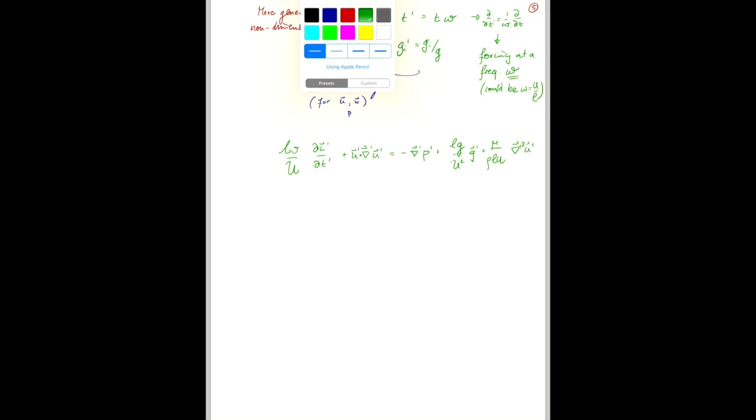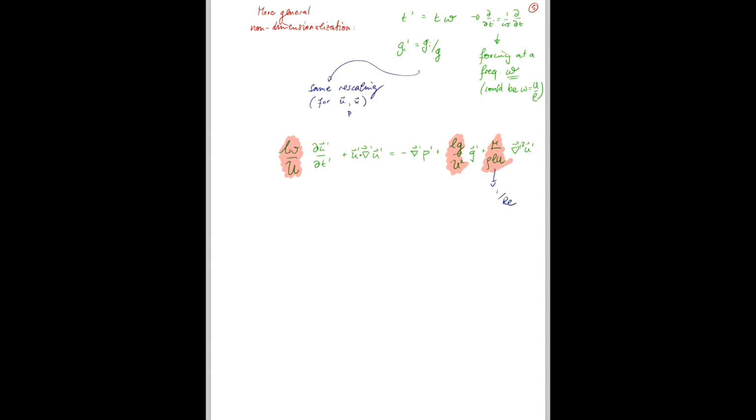So now we have 3 non-dimensional parameters here. The earlier one is still retained, that's here, and this is 1 over the Reynolds number.